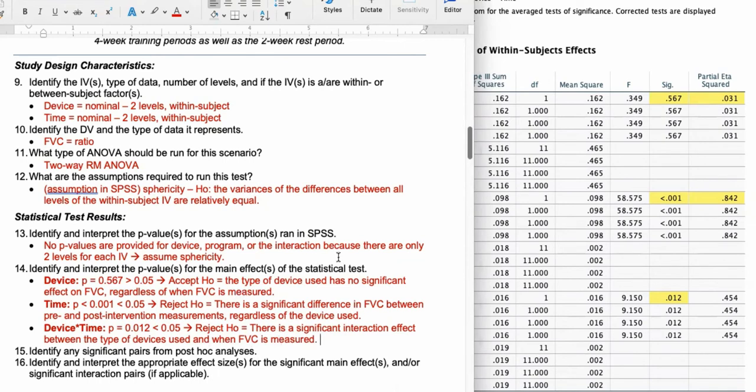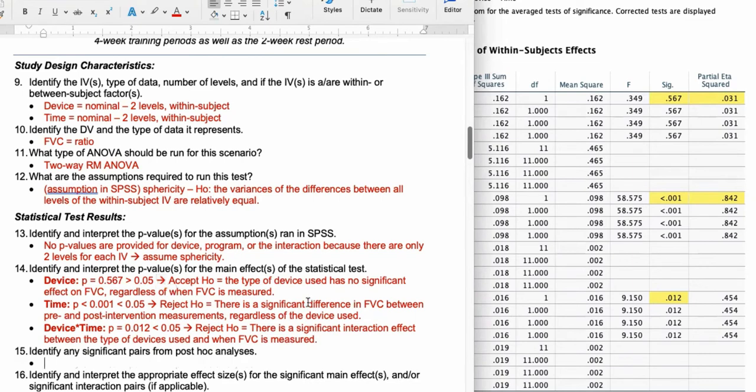So based on these p-values, which pairwise comparisons would we want to look at for this example? Yeah, time and interaction, right?